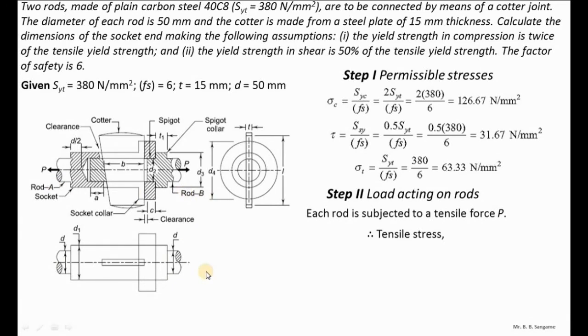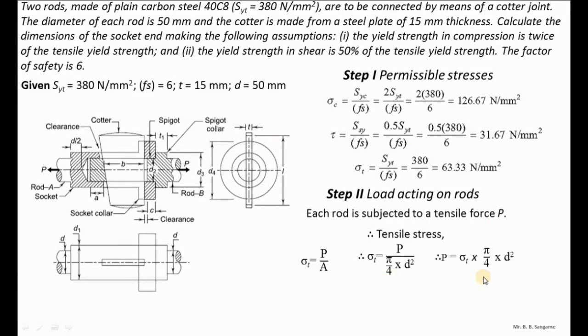So let us consider the tensile stress sigma t is equal to P by A. The area under tension for rod A will be pi by 4 d square. Putting the value of A, sigma t is equal to P divided by pi by 4 d square. Here I am going to rewrite this equation in terms of P, because we are going to calculate the applied force, which is not given in the problem.